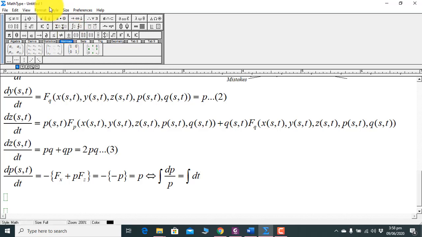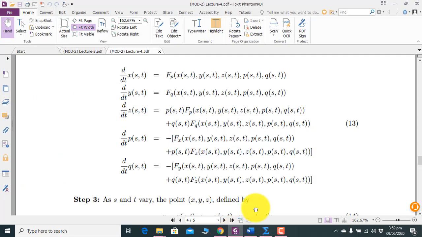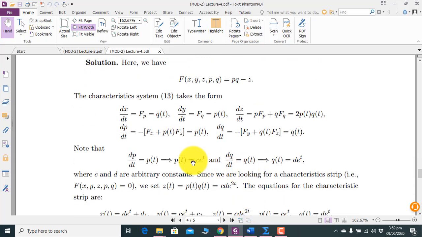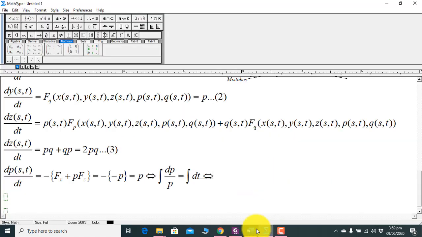Integrating both sides, on the left hand side you will have natural log of p, or you can write easily because this is a very obvious step. So what will be the answer for p? P will have the answer in general c e to the power t. So the constant I have named c.